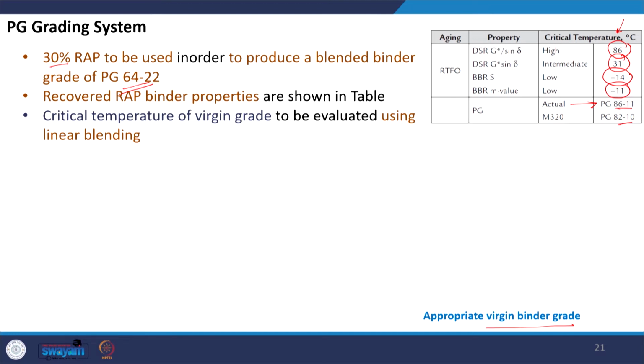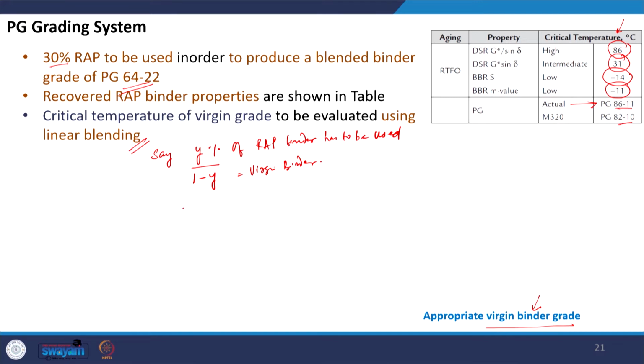So, the critical temperature of the virgin grade, because this is what we are trying to determine, will be evaluated using linear blending. So, what do we mean by linear blending? Say that y percent of RAP binder has to be used. When I say RAP binder or RAP, I am just indicating the same thing here. So, when it is y percent RAP, which means 1 minus y is the virgin binder in the total mix, is it not.